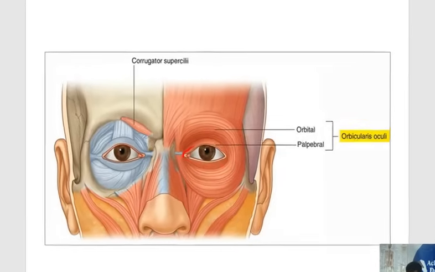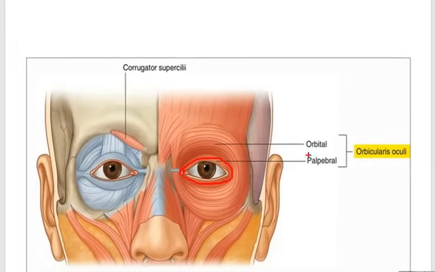If the region very close to the eyeball is pinned, then that's the palpebral part of the orbicularis oculi. But if it is this external part, running around the margin of the orbit, that is the orbital part of the orbicularis oculi. Those are muscles that are often pinned in steeplechase around the orbit.